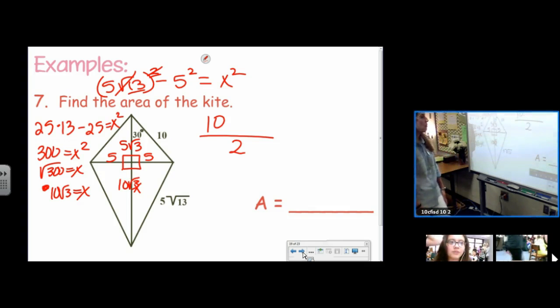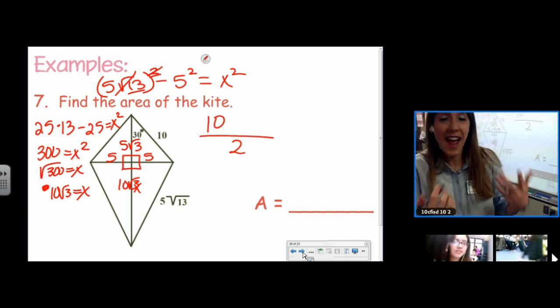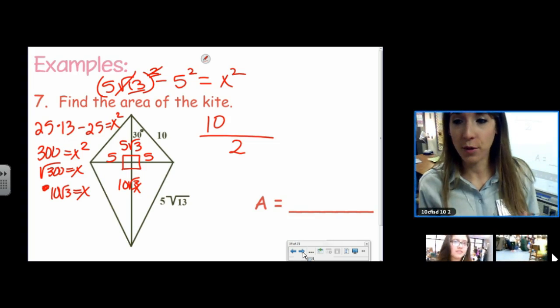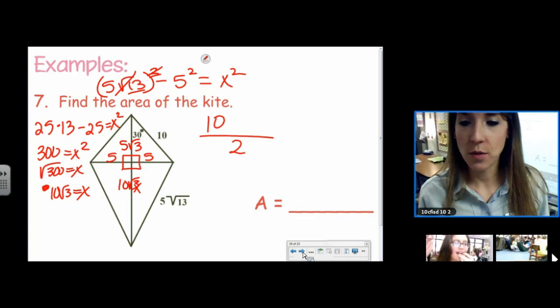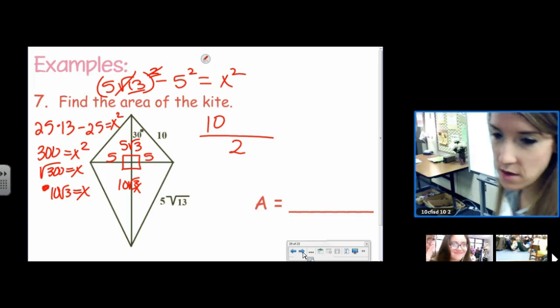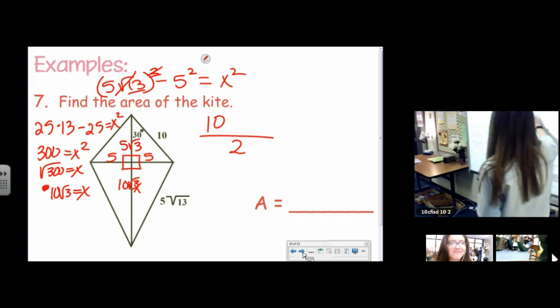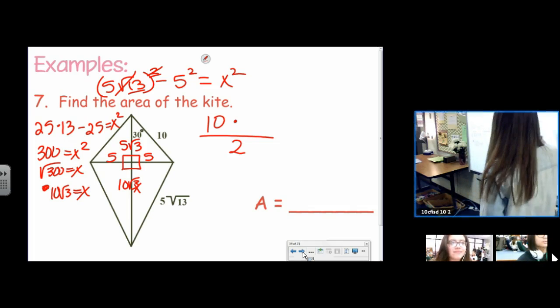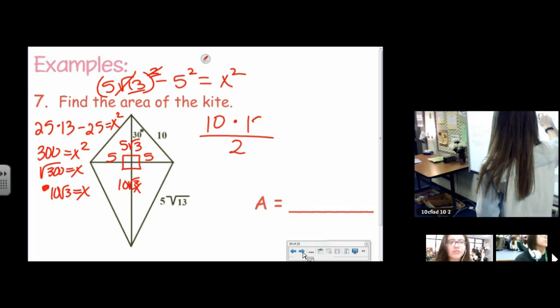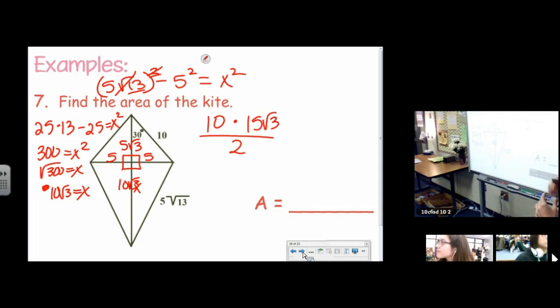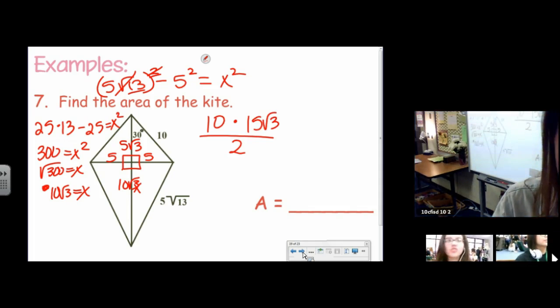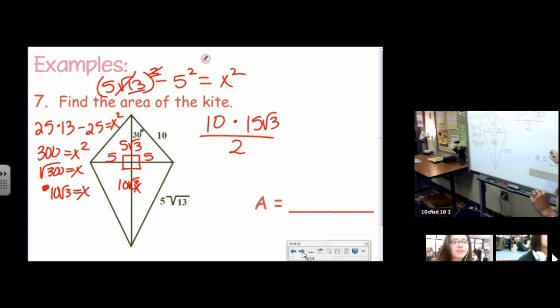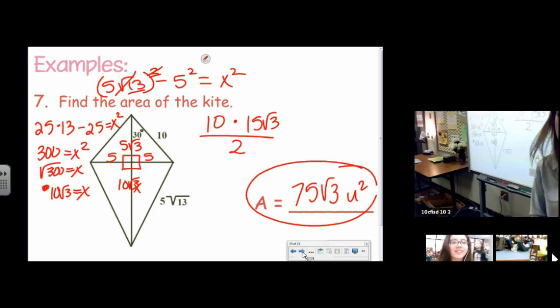That segment is 10 root 3. The great thing is that is like terms with 5 root 3. So we are allowed to add them. No decimals. No, sir. Diagonal 1 times, not plus, diagonal 1 times diagonal 2 divided by 2. 75 root 3 square units. Are we okay with that?